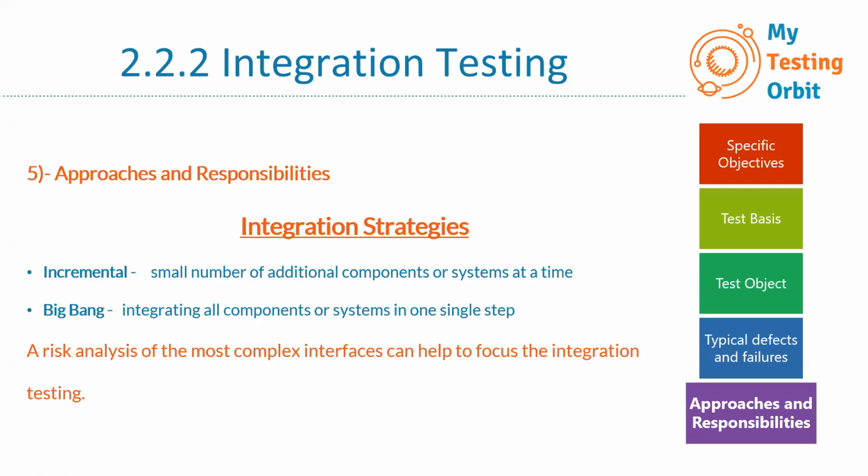So we need it only in the incremental approach. In Big Bang, we are integrating all components or systems in a single step, which means that by that time, all the components and systems are already developed. So in that case, we don't need stub and driver at all.